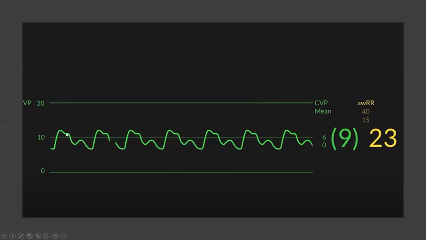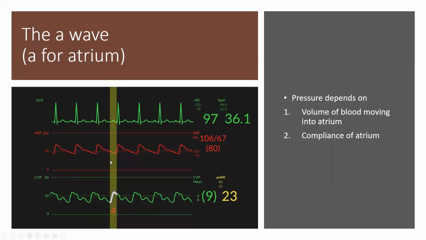So as you could see, this is the CVP waveform, and there are several ascents and descents that you see, and we're going to study each one of them. So the first part of the image is going to be the A wave. Remember A for the atrium.